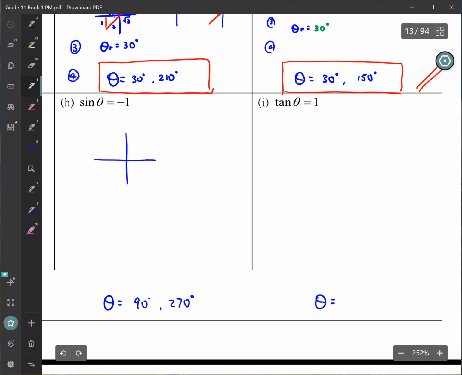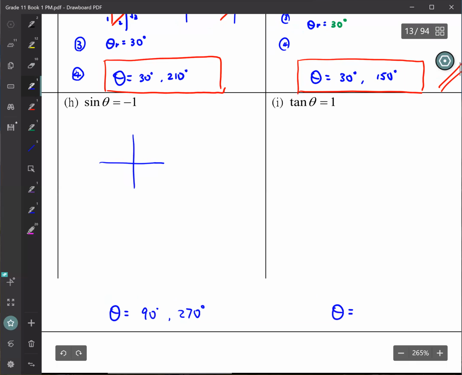Can you tell us why? How do you know it's 90 and 270?